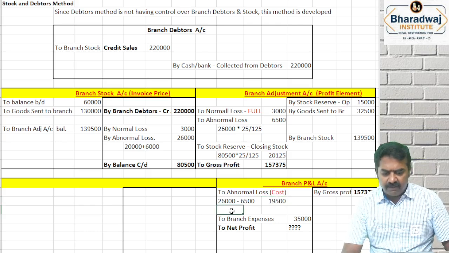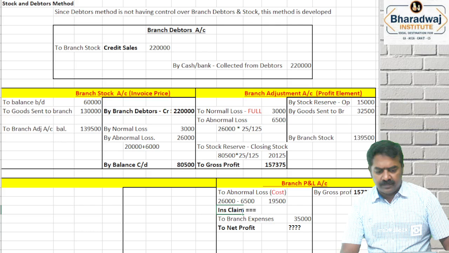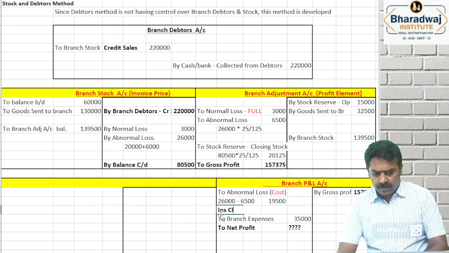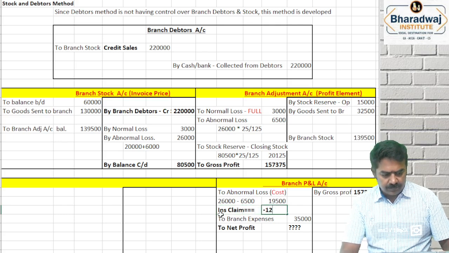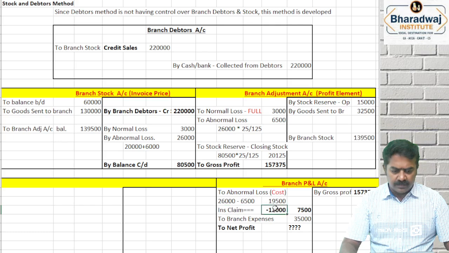In that, we recovered insurance claim. What is insurance claim we recovered? It is not our loss. How much insurance claim we recovered? 12,000. Outer column, how much will come? 7,500 will come.